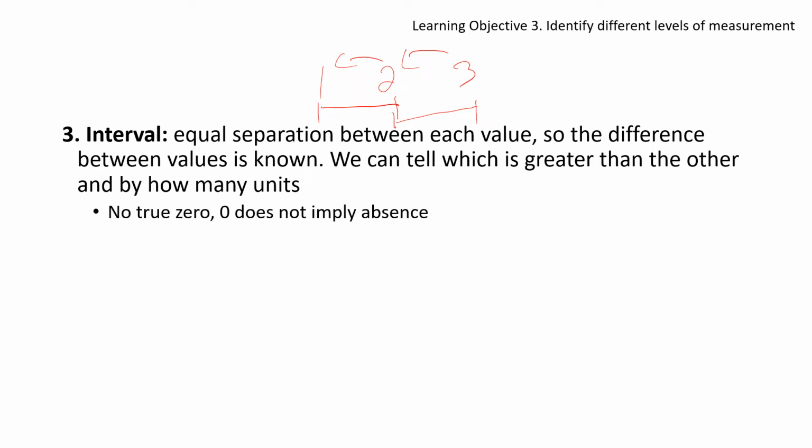However, there's still no true zero. Zero does not imply the absence of something. Let's say I was trying to see a home's cost above average. Let's say the average cost of a home is $200,000 in the area, and the house you're looking at is $300,000.